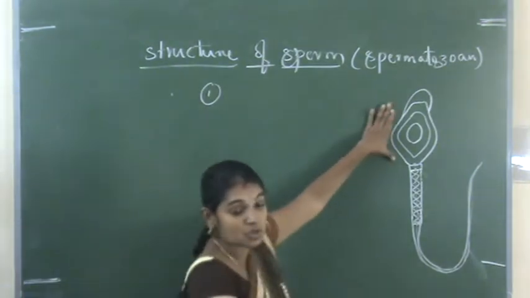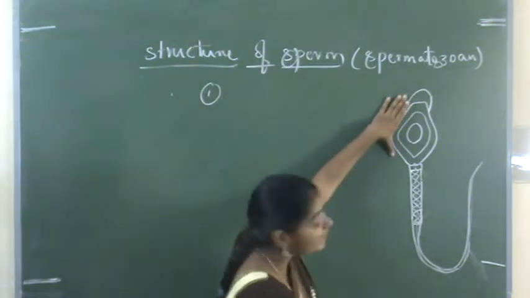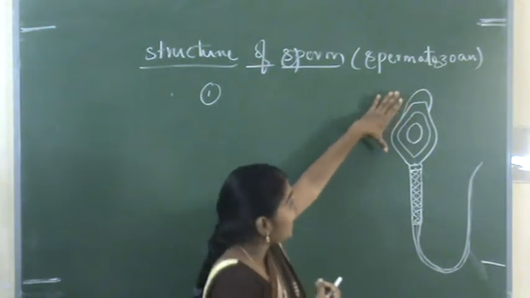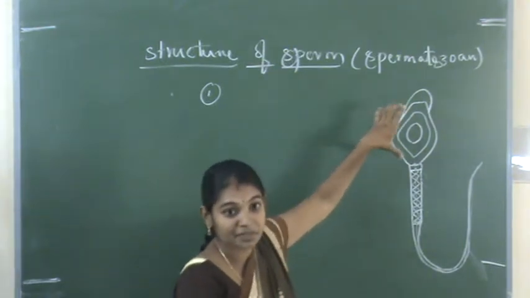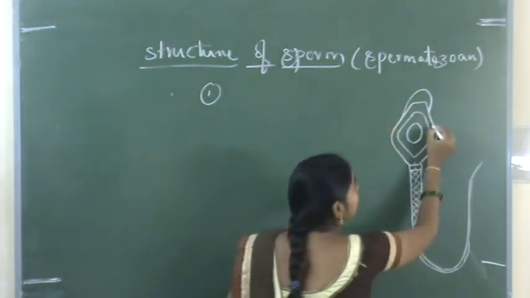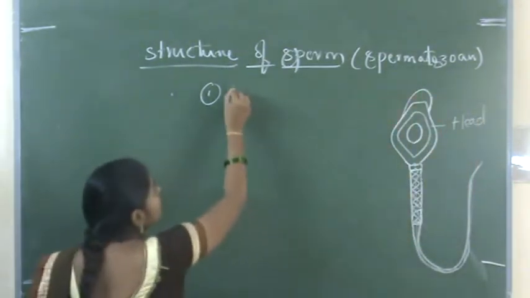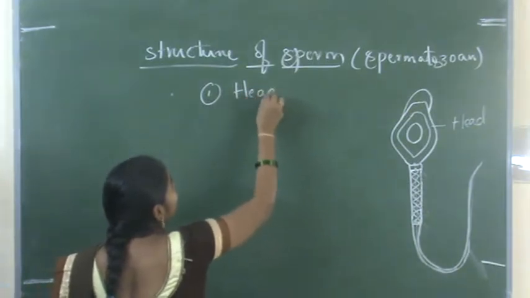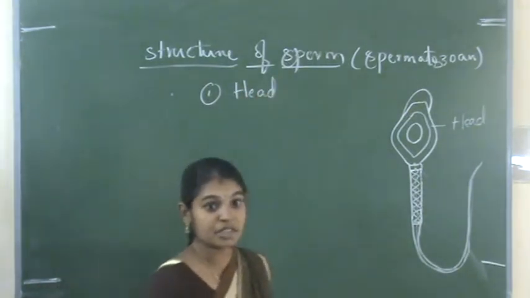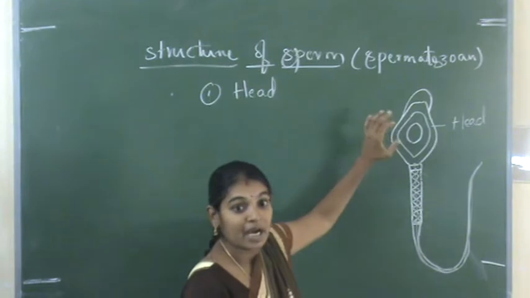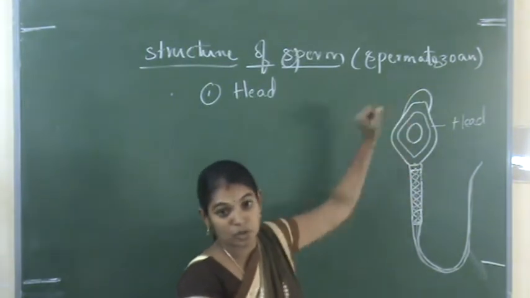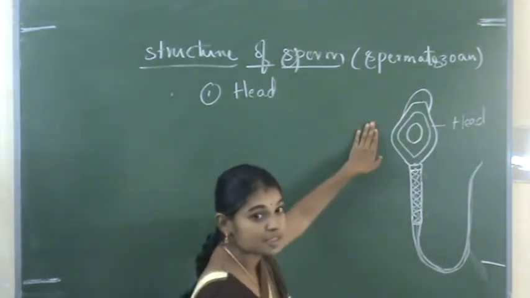The first one is the head. This large, distinct part, the anterior-most part of the sperm, is known as the head.